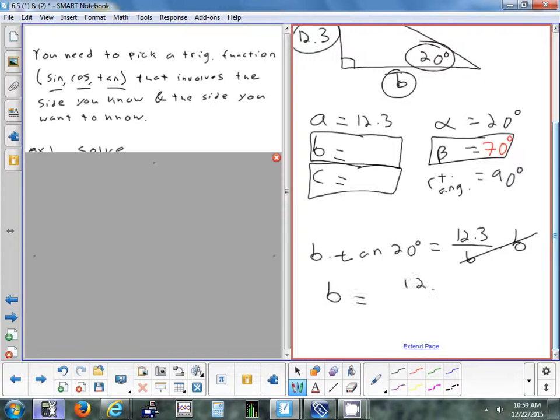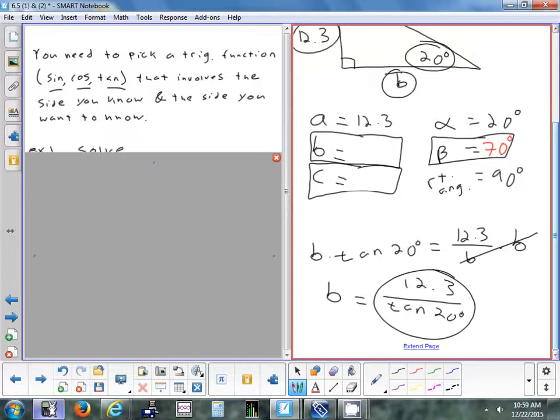So we get 12.3 and divide by tangent 20. So if you look at it, what really ended up happening is the B and the tangent 20, they just switch places. Okay, if you want to see the reason why, this is why. Multiply by B and then divide by tangent 20.